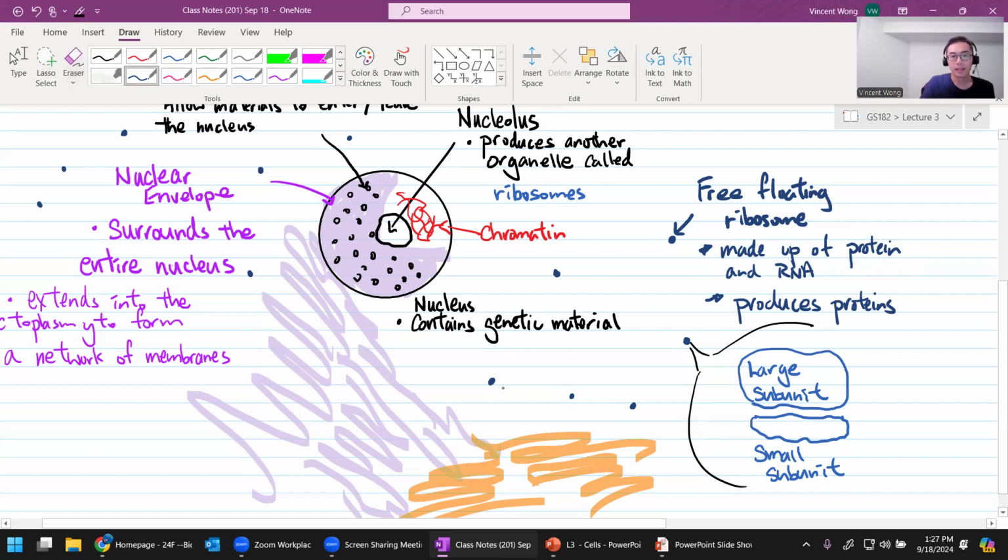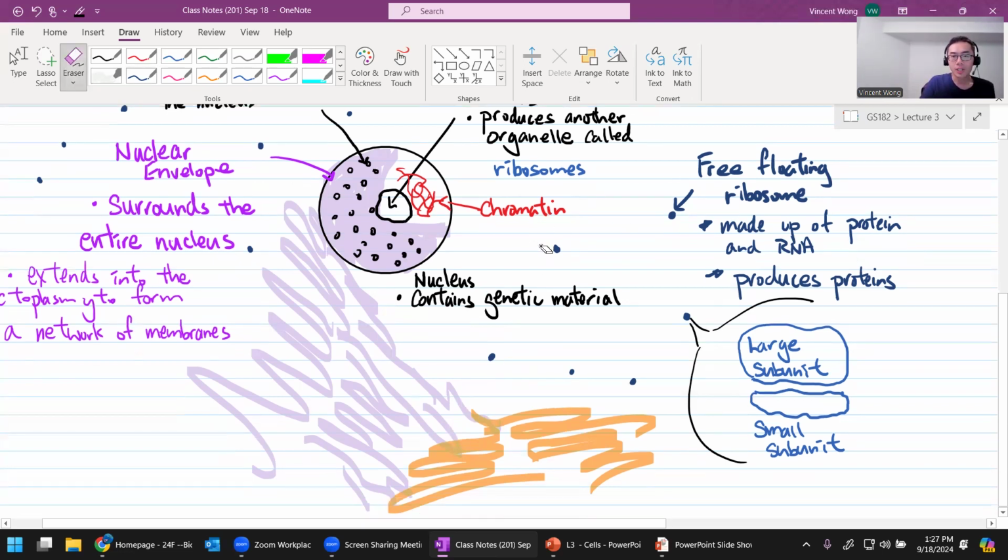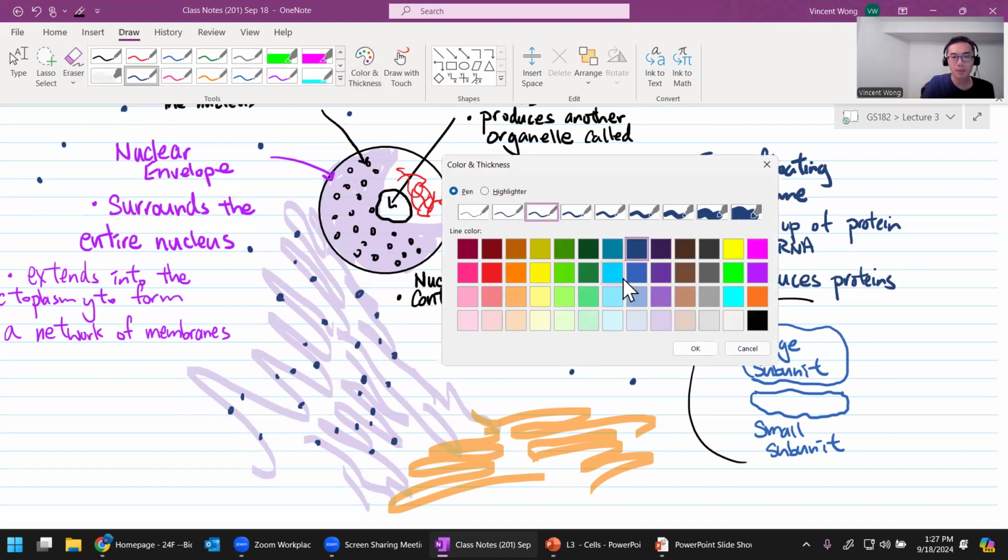While some ribosomes are free floating in the cytoplasm, some ribosomes will attach themselves onto this network. Remember, the network is an extension of the nuclear membrane. So some of them will have ribosomes on them. These ones that have the ribosomes stuck on them, we have a name for them.